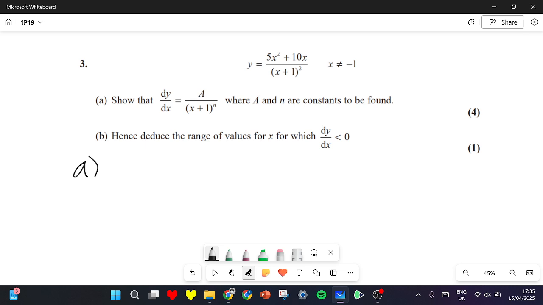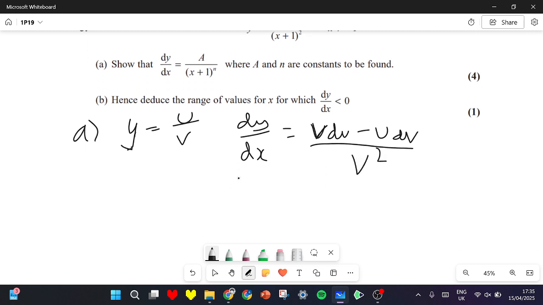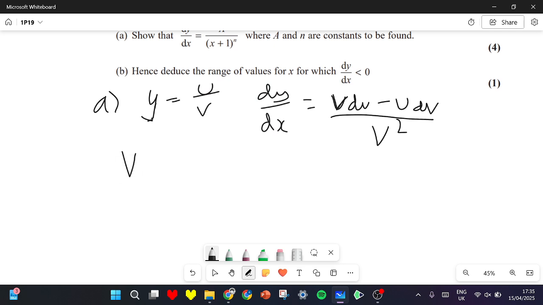That's the one where if y is equal to u over v, then dy/dx is going to be v du minus u dv, over v squared. So start off by writing what your u, v, du and dv are, and then if you want you can also do the v squared.